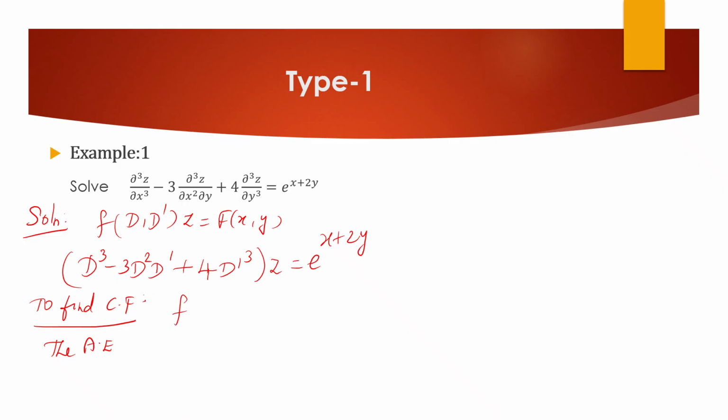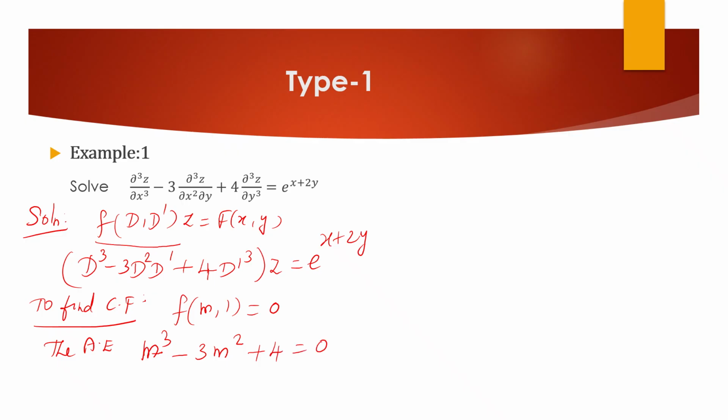That is, the auxiliary equation is f of m comma 1 is equal to 0. So now I take D as m and D dash as 1 in my function of D and D dash, and equate that to 0. So it comes as m cube minus 3m square plus 4 is equal to 0.